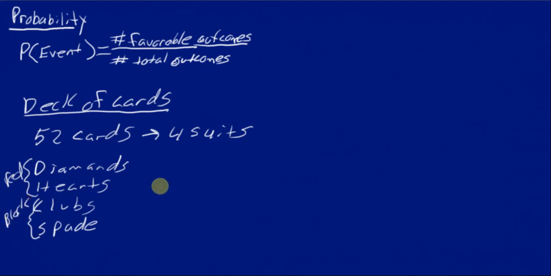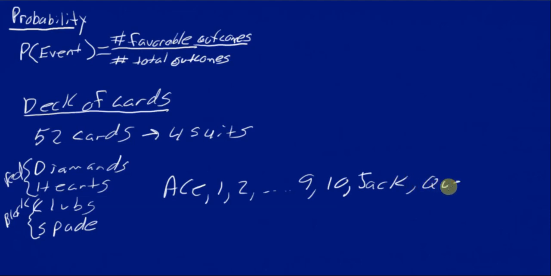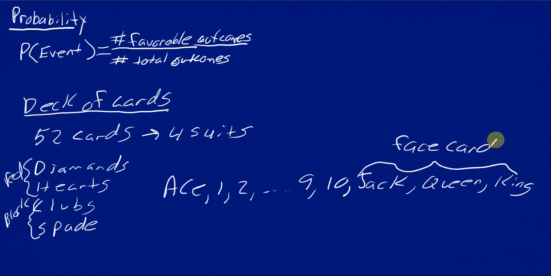Each suit contains an ace, a 1, 2, so forth and so on, till you get to a 9, a 10. After 10, we have what's called a jack, a queen, and a king. These last 3 cards are referred to as face cards. So each suit has a jack, king, and queen.